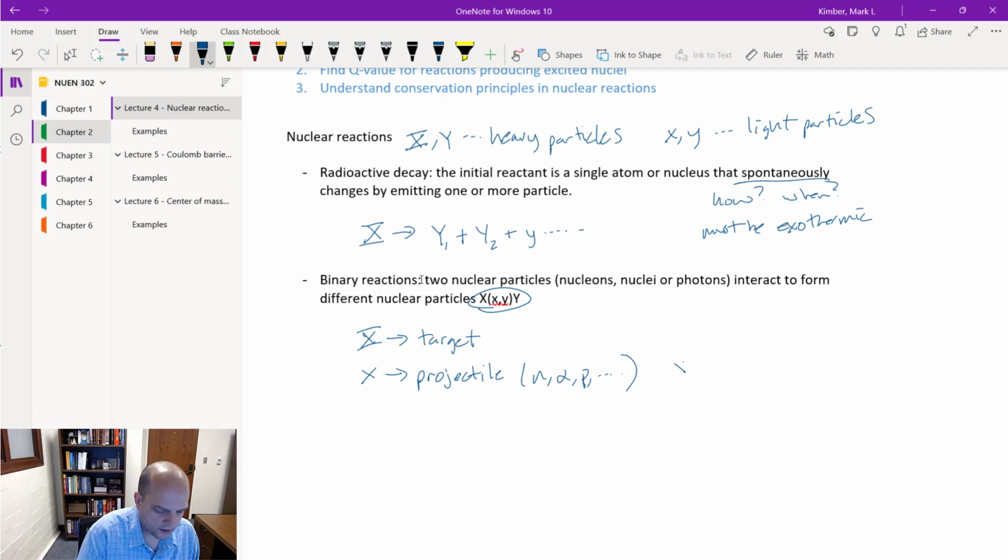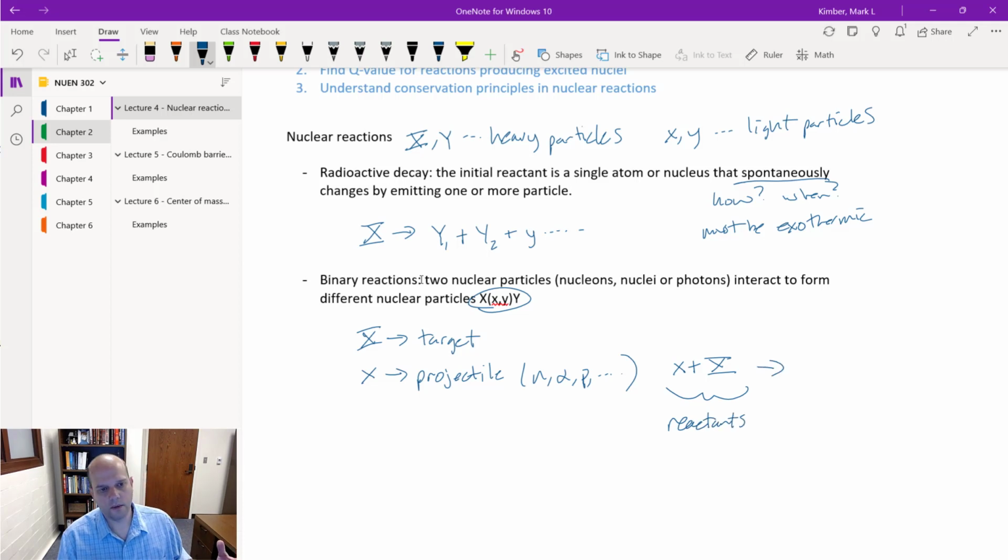And the equation would look something like this. We have the reactants side. These are the 2 particles that are going to interact and then have the reaction. And on the right hand side are my products of that reaction, a heavy particle and then a light particle.